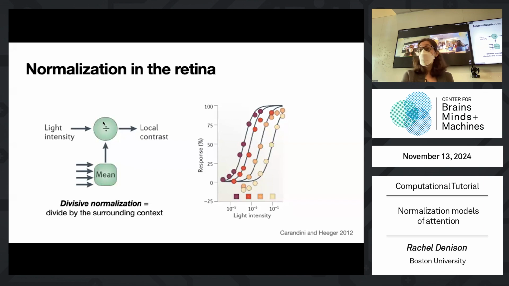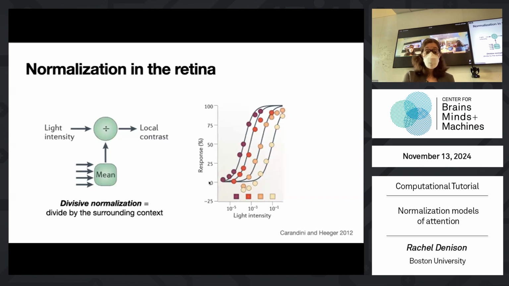That's going to give you, instead of the absolute light intensity, some measure of local contrast in terms of how much brighter or darker that location is compared to the mean. And this is it. This is divisive normalization. It's just divide by the surrounding context. It's super simple.